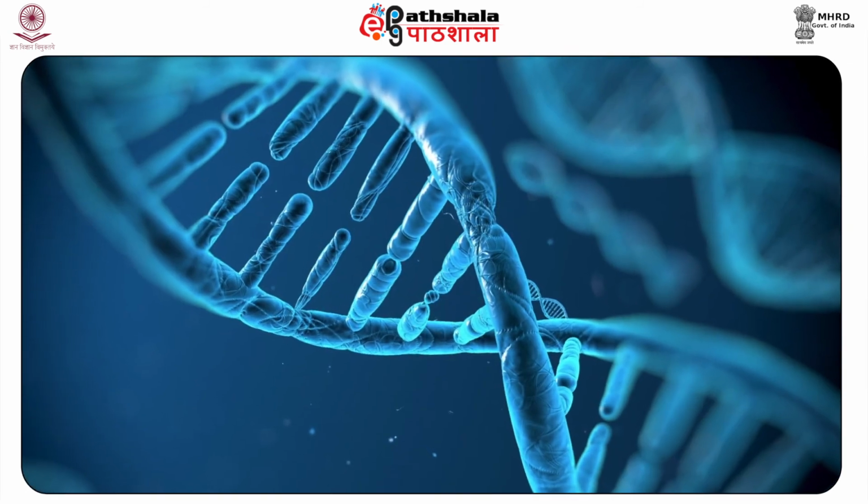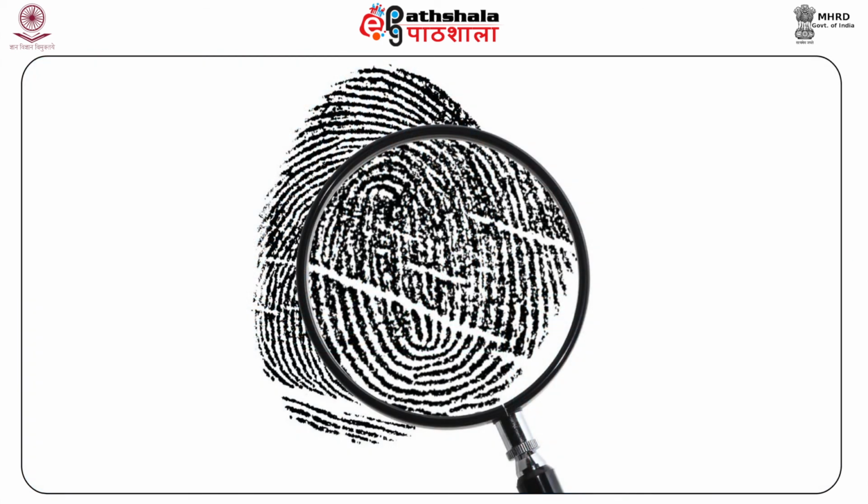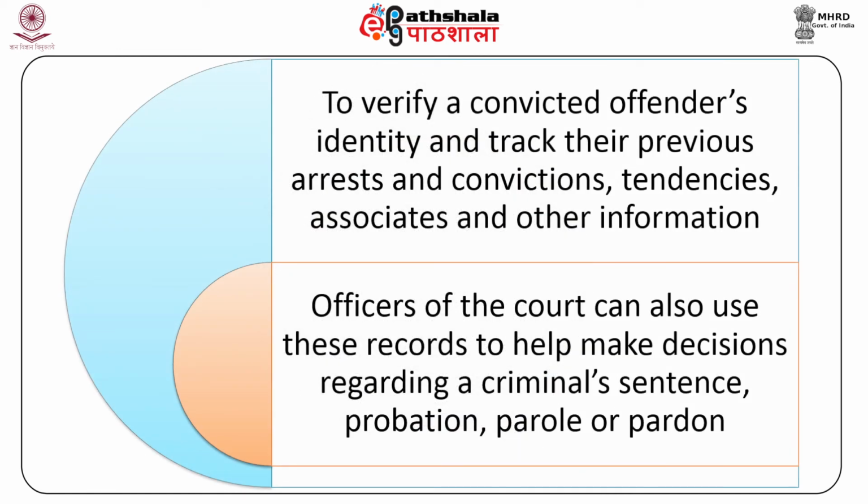In the absence of DNA, fingerprints are used by the criminal justice system to verify a convicted offender's identity and track their previous arrests and convictions, criminal tendencies, known associates, and other useful information.